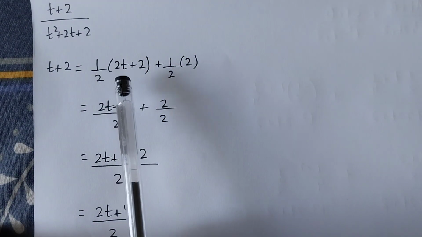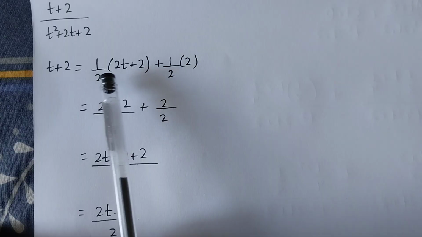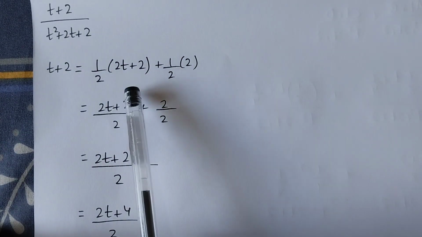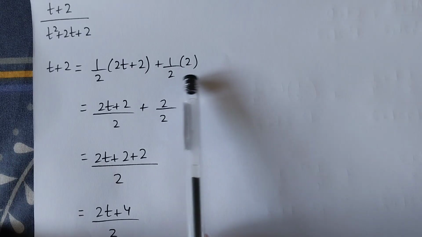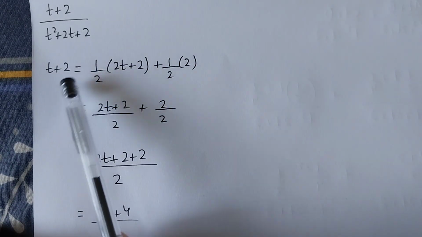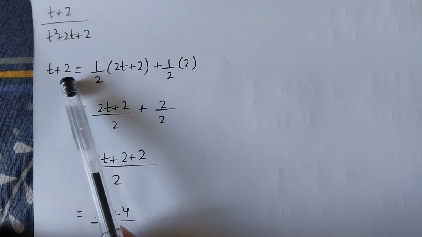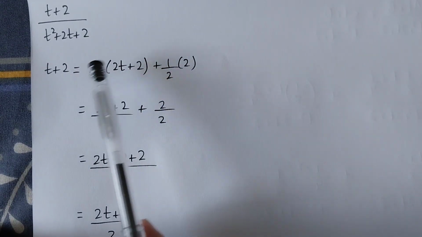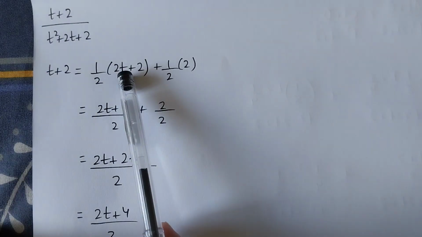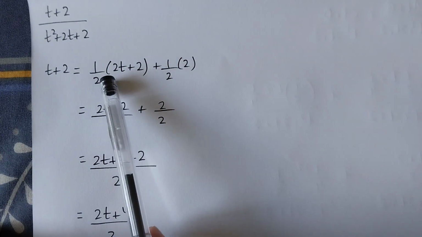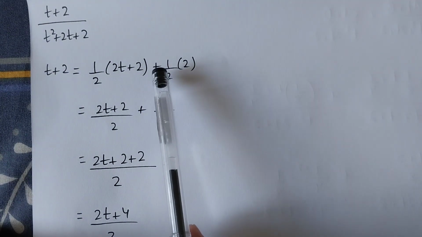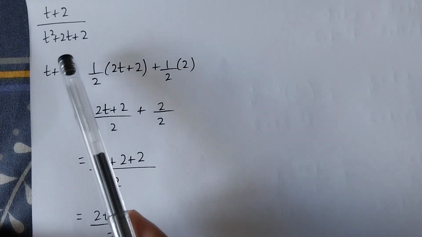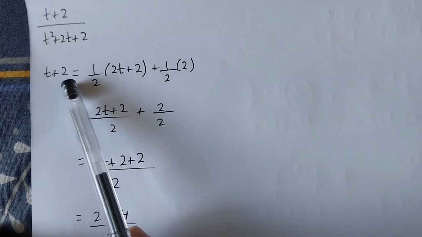So we need to take the numerator of one fraction as the derivative of the denominator, and we can adjust the second term to get this whole expression equal to t plus 2. So I've written the derivative of the denominator divided by 2, and plus I've written 2 over 2 in order to get the equivalent form equal to t plus 2.